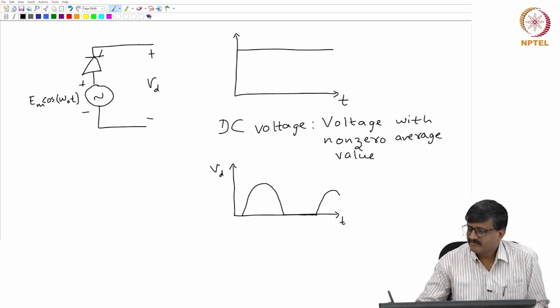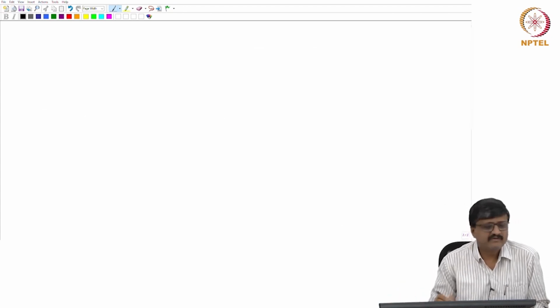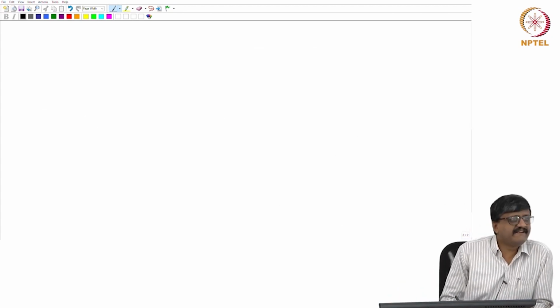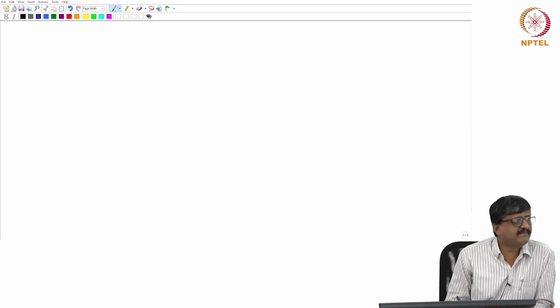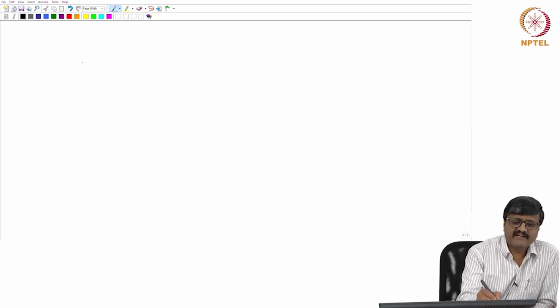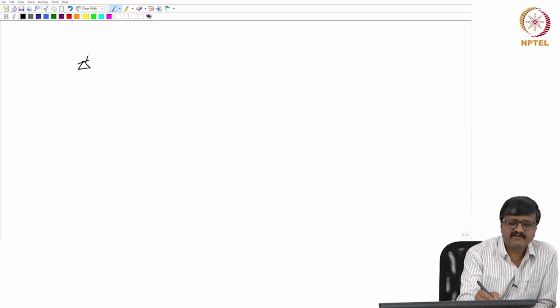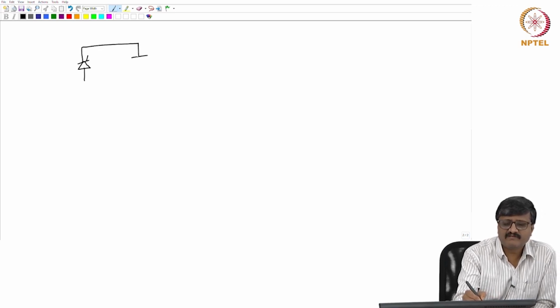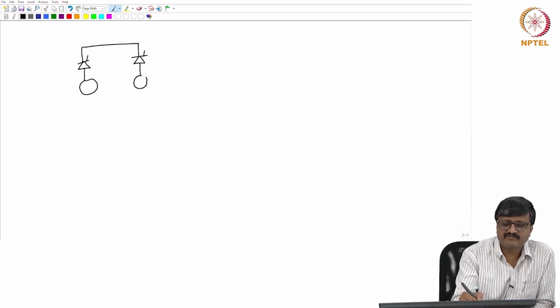So, let me try to get a slightly different circuit which gives a slightly better waveform. Suppose I take, instead of one thyristor, two thyristors, and of course, two voltage sources.